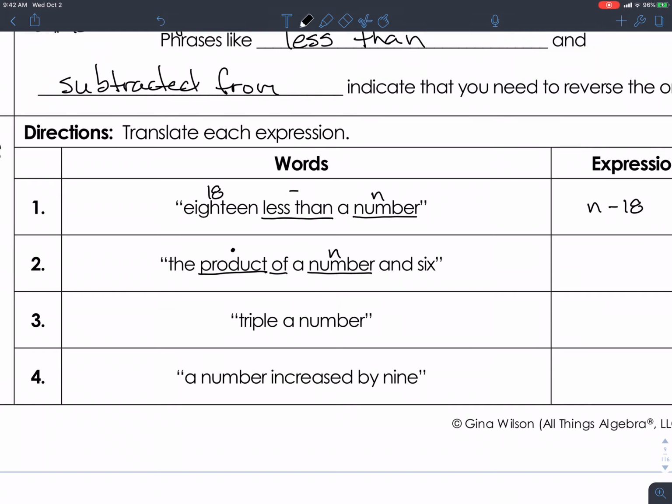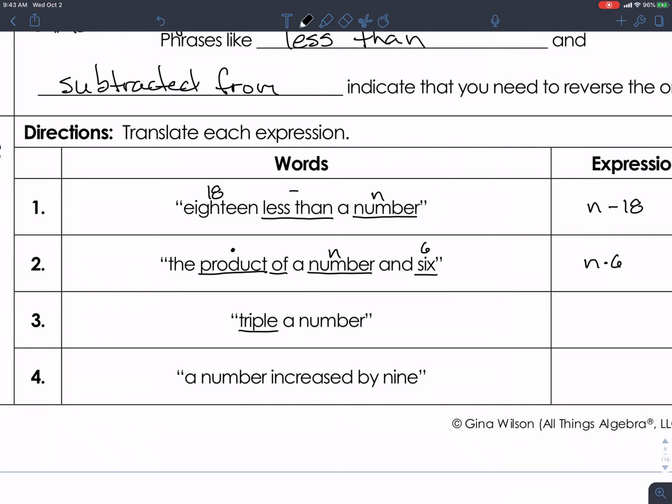The dot means multiplication. It's the product of, that means I take the number and 6 and I multiply them. n times 6. I have to figure out the words and what they mean and then put them in an order that makes sense.